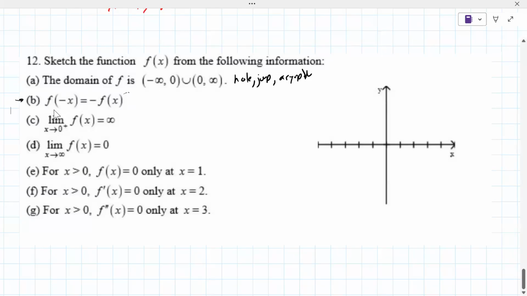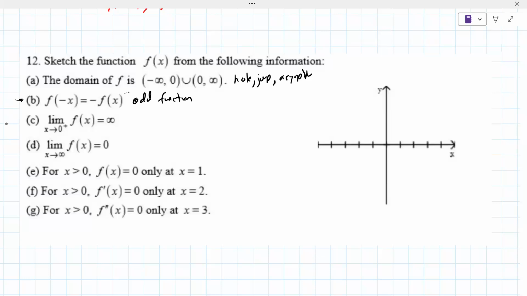I'm just trying to give you an example. So this is an odd function.